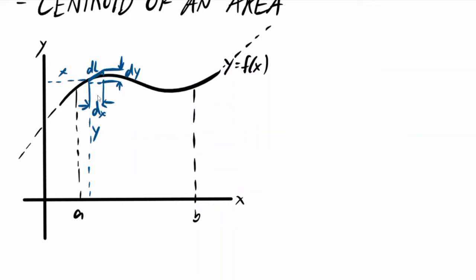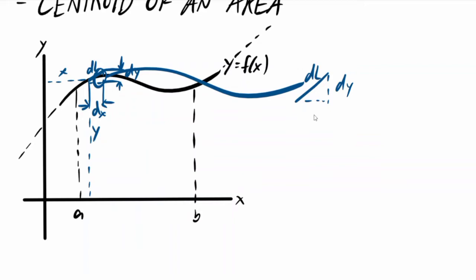So if we bring this out to better understand, we have here a right triangle. This strip here is our dl, this side is dy, and this side is our dx, right? So as you can see, this is a right triangle.